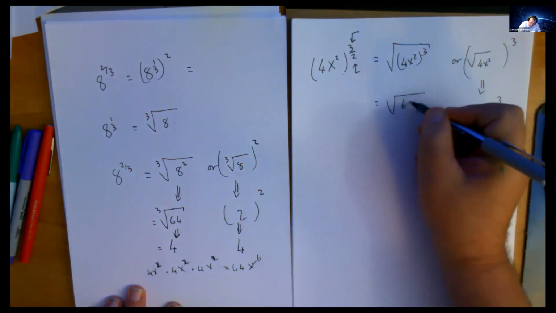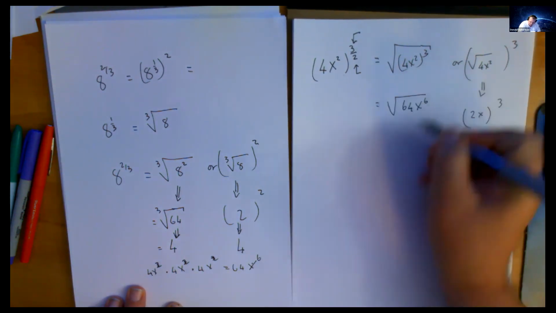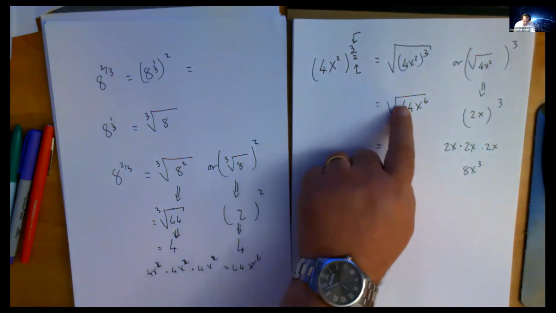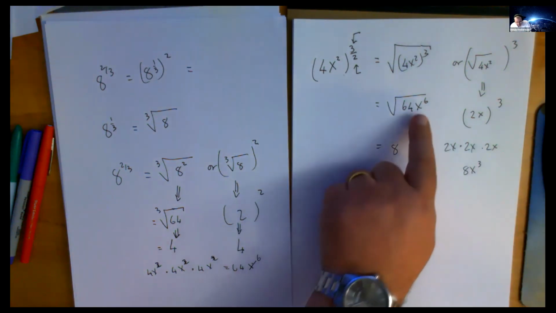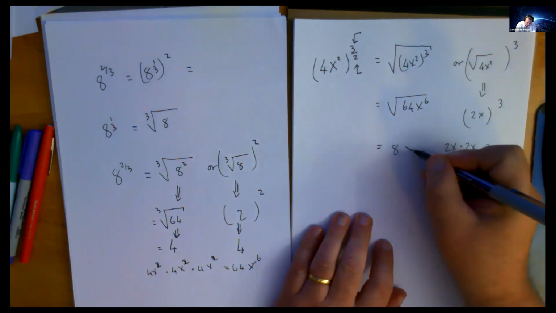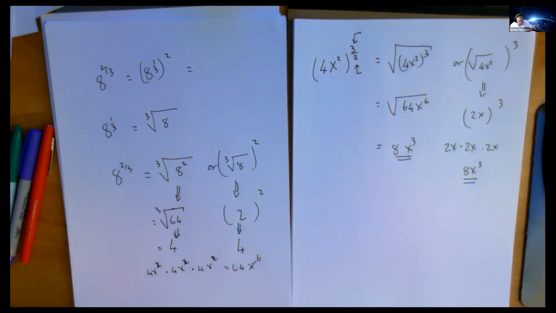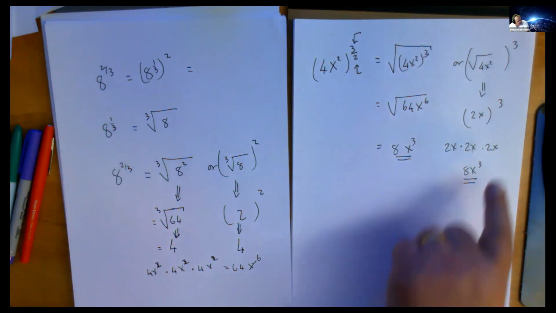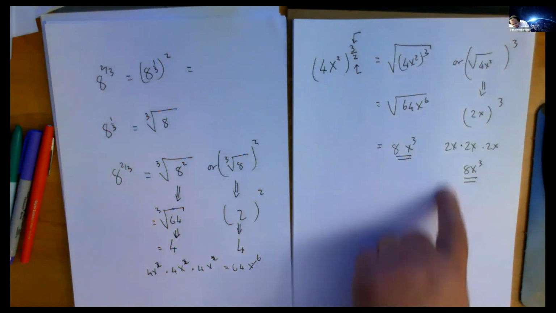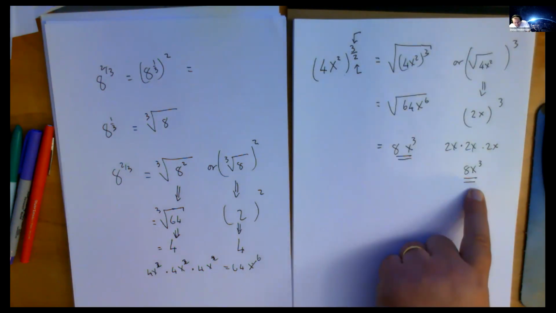Isn't the square root of 64 8, and the square root of x to the 6 x cubed? Do you see you end up at the same destination? I don't know, I'm the only one here. That's fine. I like this because it seems less work, but maybe you don't.